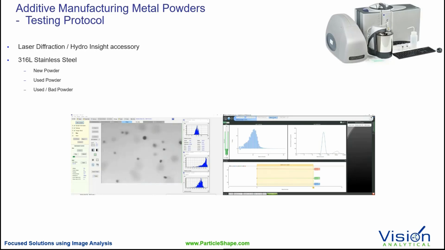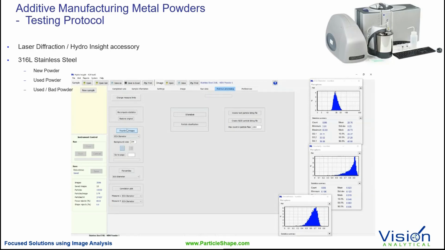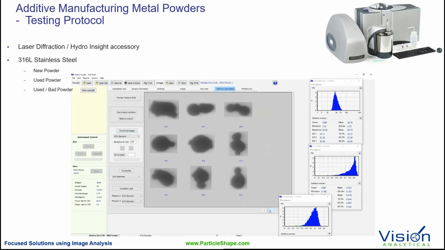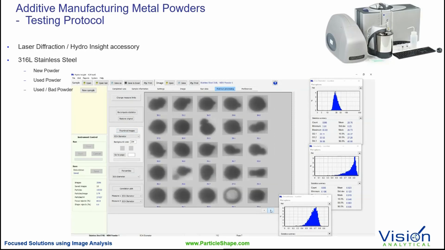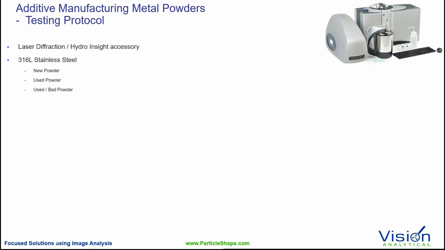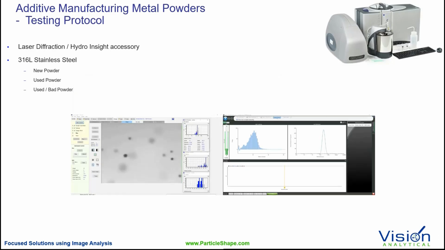The problem with reusing that sample is that sometimes, because of the fusing process, it is very possible, highly probable, that when these particles are reused, there can be particles that are stuck together, fused, as you can see here on the screen. This is a sample where you can get some particles that can clog up the nozzle and subsequent parts that are being made. And also, if it does make it through the nozzle, it can make a weak spot on the actual part.